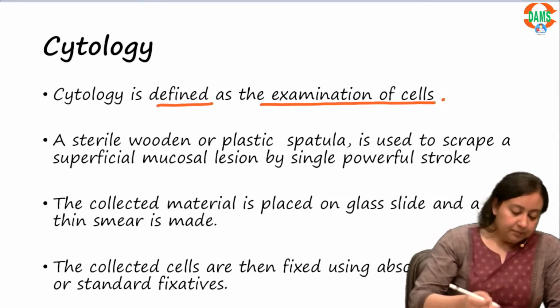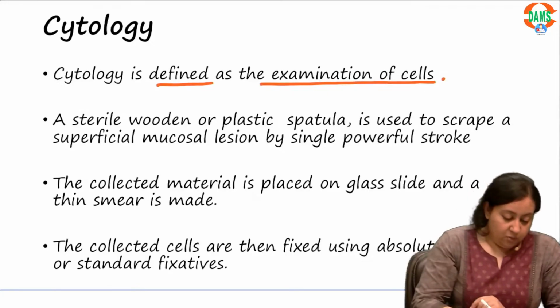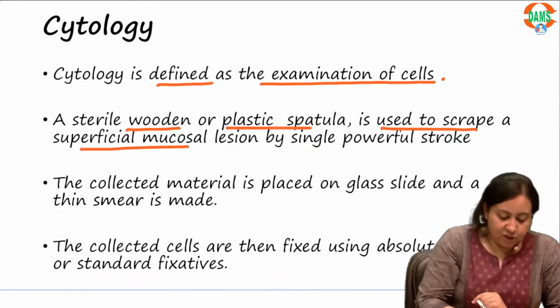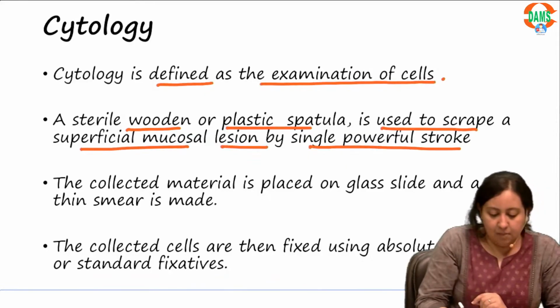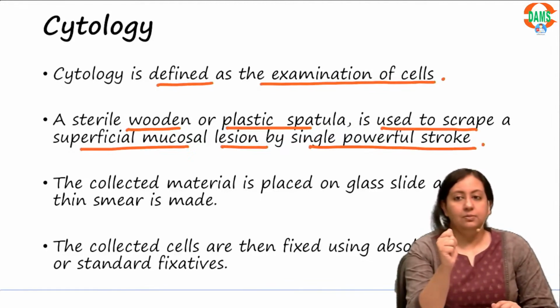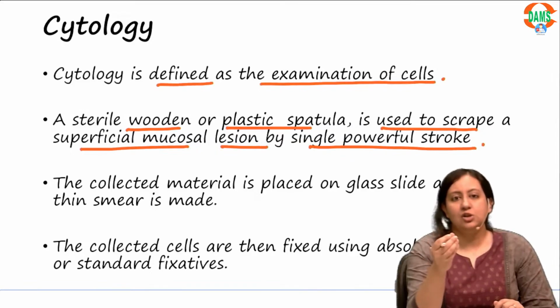So in cytology, what is done? The basic of cytology is that a sterile wooden spatula or plastic spatula is used to scrape a superficial mucosal lesion by a single powerful stroke. Let's talk about oral mucosa. You take a plastic or a wooden spatula.